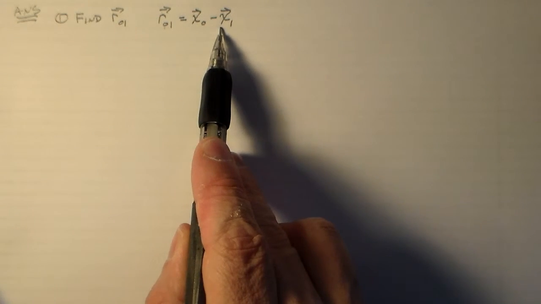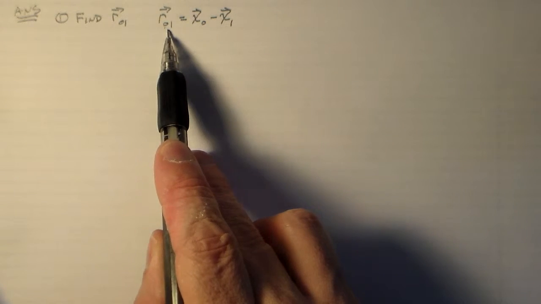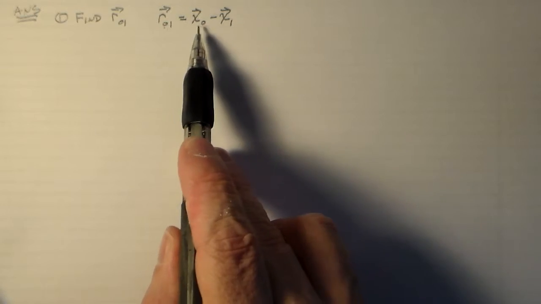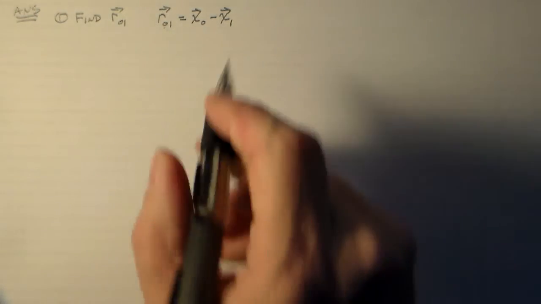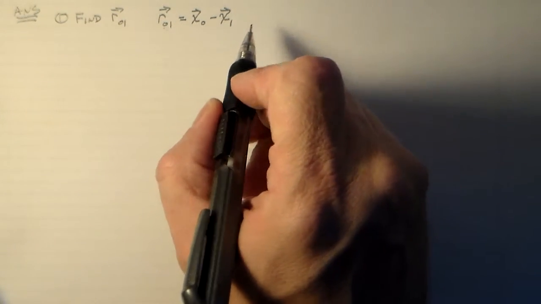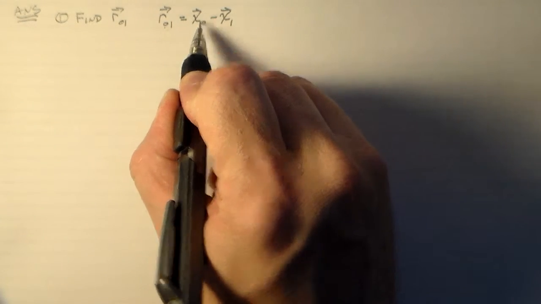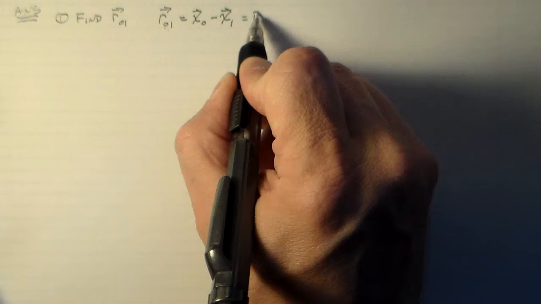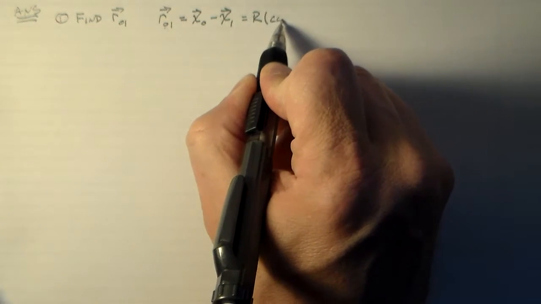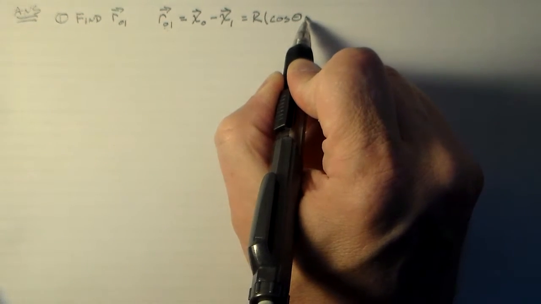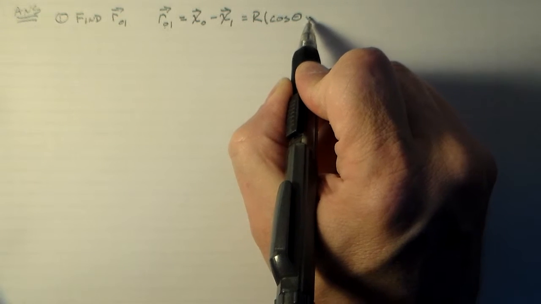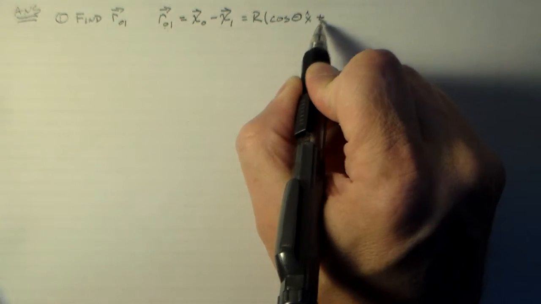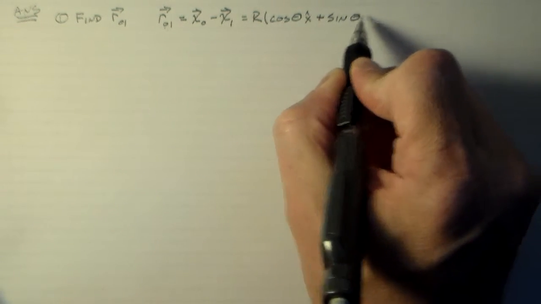These two are frame dependent. This is an independent quantity, or not frame dependent, but coordinate system dependent. This one's independent of that. So x0 was r times cosine theta in the x hat direction plus sine theta in the y hat direction.